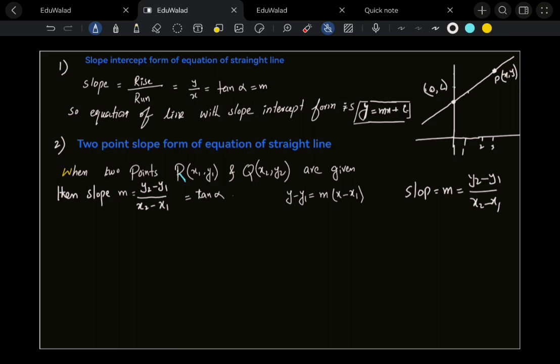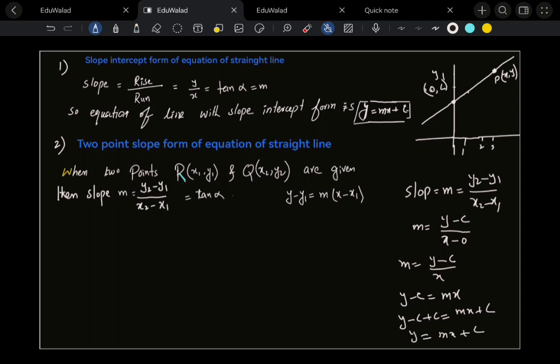So our y2 point is y, and y1 point is c, so (y minus c) over (x minus 0) equals m, which is y minus c over x. So y minus c equals mx. When we add c on both sides, y minus c plus c equals mx plus c. So y equals mx plus c.